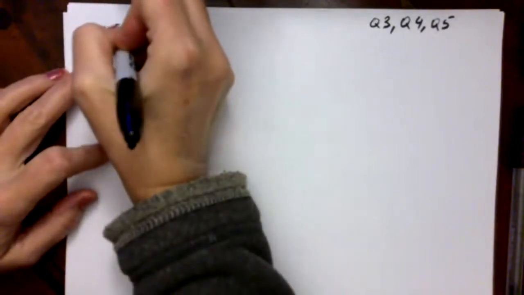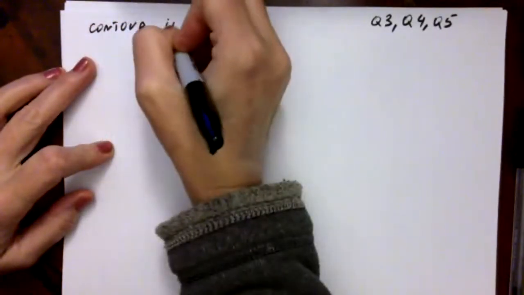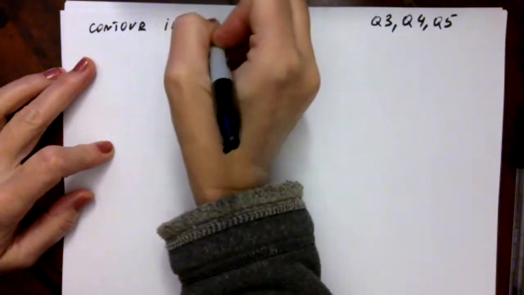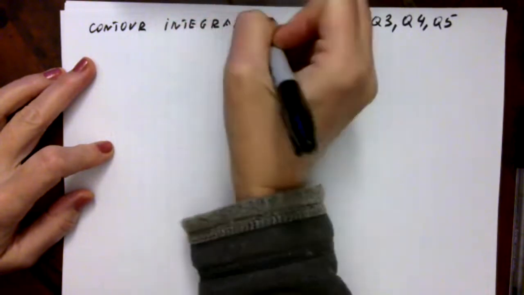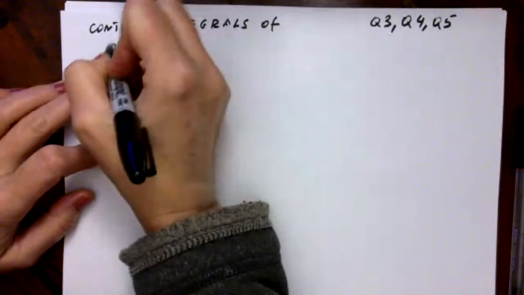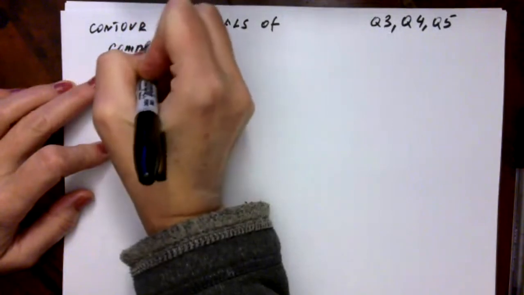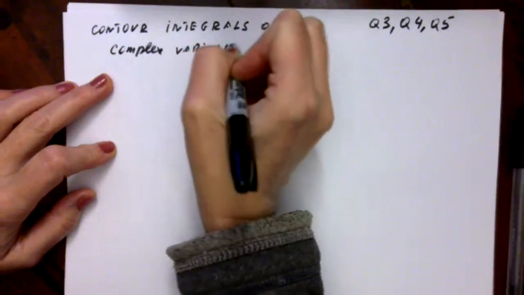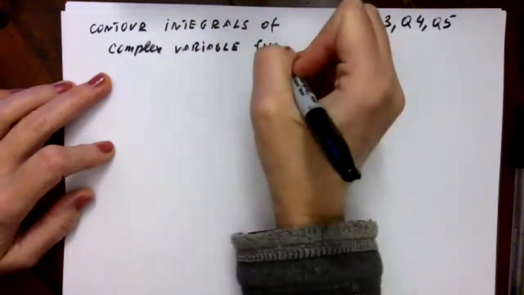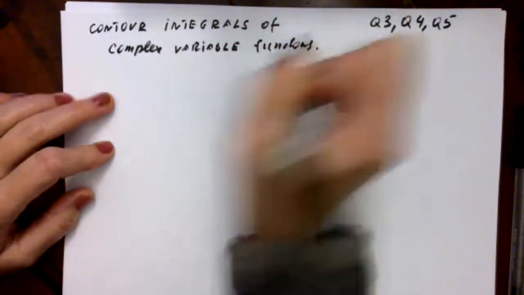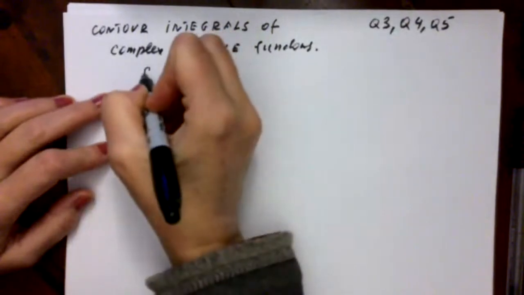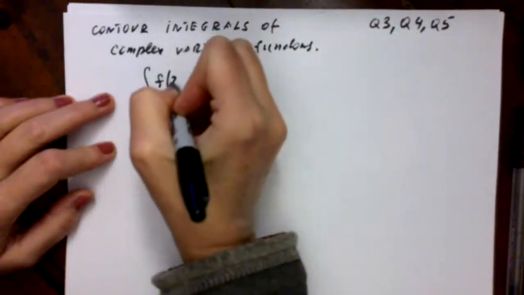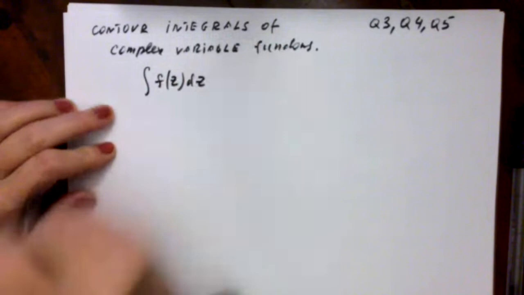So contour integrals of complex variable functions. So usually these integrals look like this. F of z is a complex number, as you know.